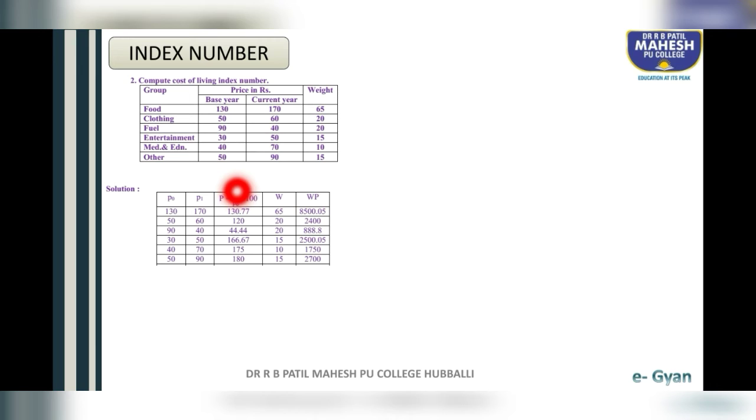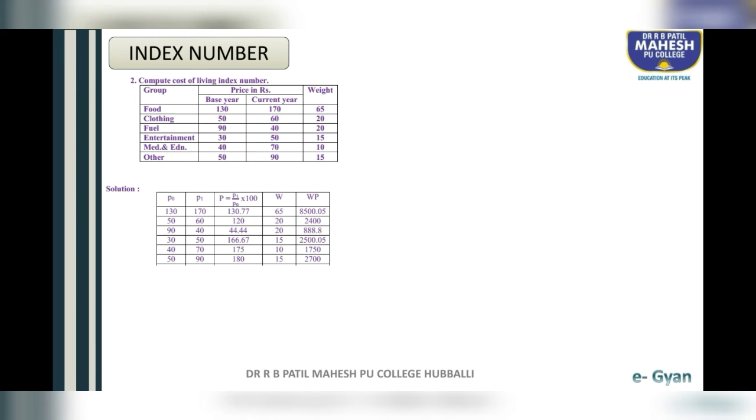65 into 130.77 is 8500.05. 20 into 120 is 2400. 20 into 44.44 is 888.8. 15 into 166.67 is 2500.05. 10 into 175 is 1750. 15 into 180 is 2700.